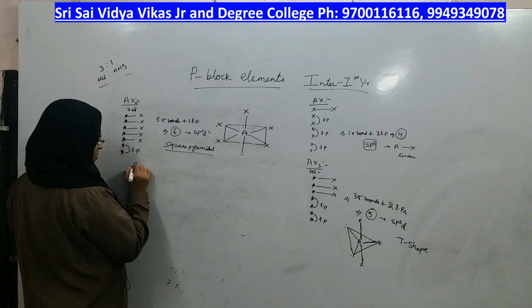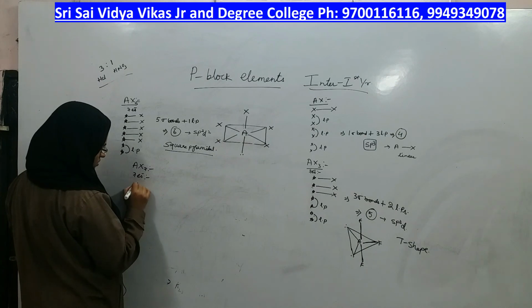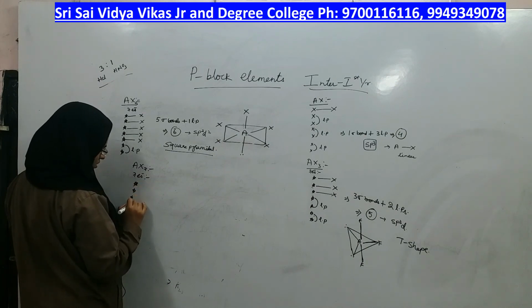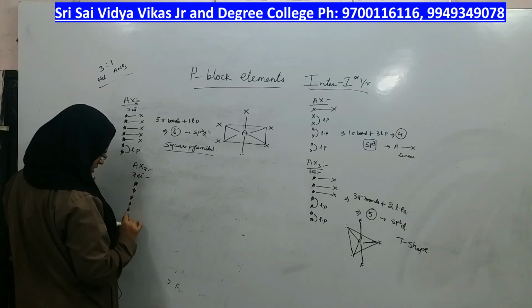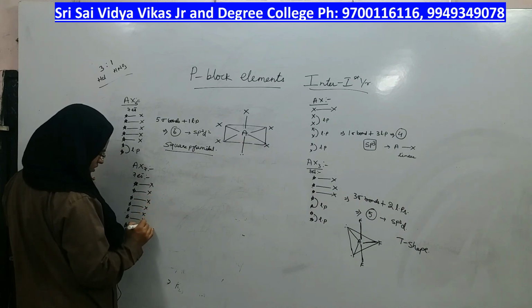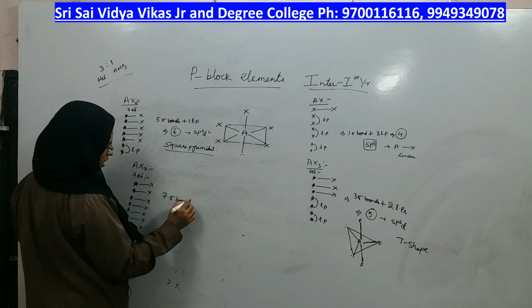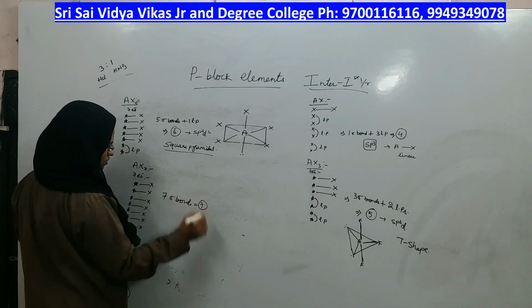Next interhalogen is AX7. Same. How many? 7 electrons. Out of that 1, 2, 3, 4, 5, 6, 7. All the 7 are forming 7 bonds with 7 halogens. So total 7 sigma bonds. There are no lone pairs. That means the value is 7.